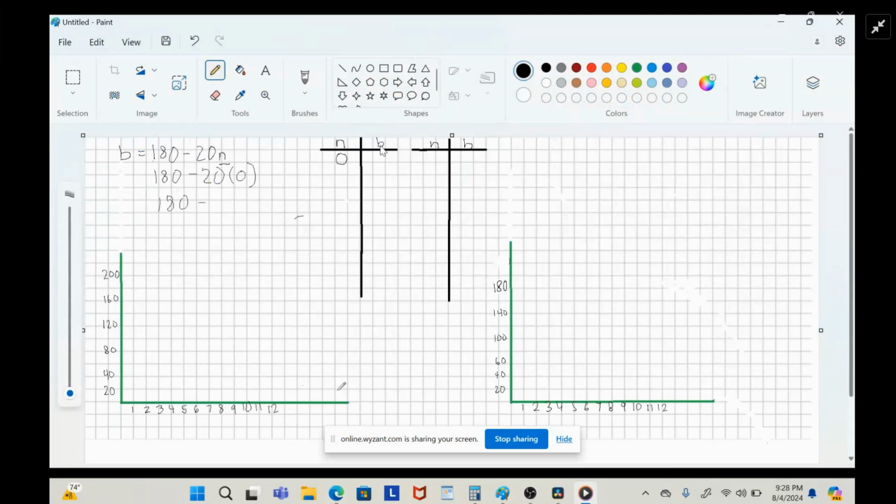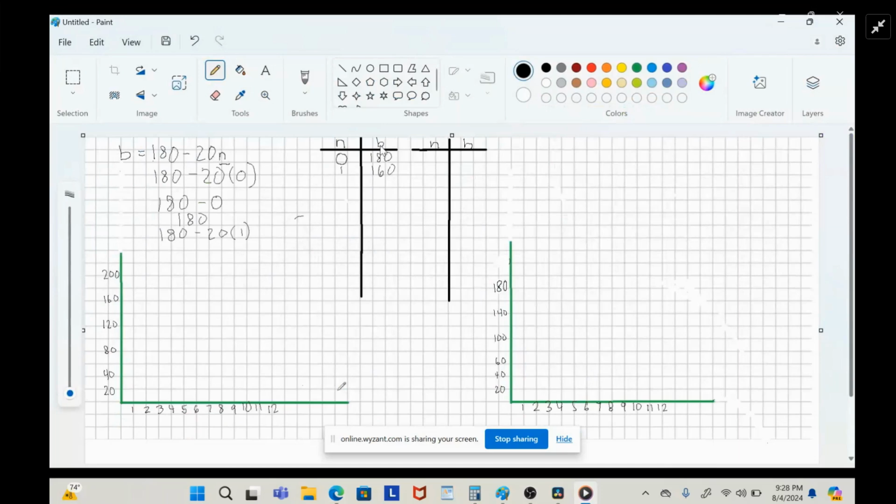We'll have 180 minus 20 times 0 is going to give us 0, of course, so we just end up with an output of 180 for the value of 0. We'll do one more value here. What happens if I plug in 1? I end up with 180 minus 20 times 1. We end up with 160.